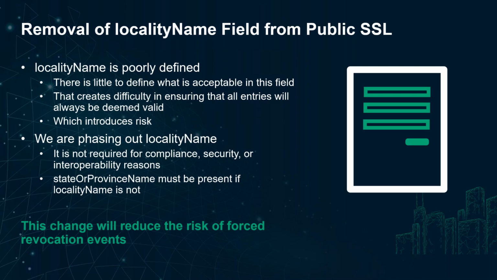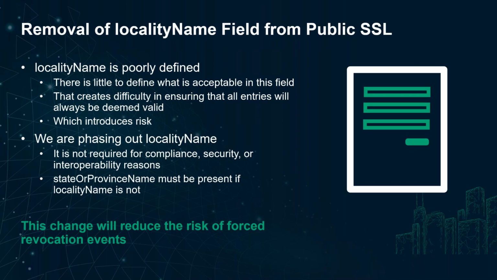One of the things that we've engineered as a path forward is we can completely phase out use of the locality name field. The reason this is possible is that locality name itself is not required for compliance, for security, or for interoperability reasons.